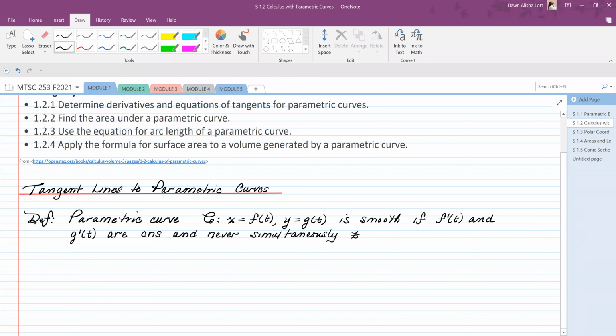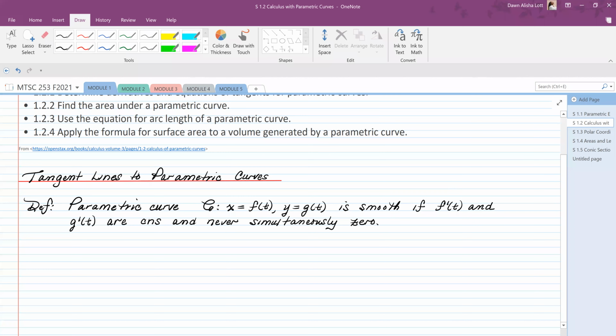So one can be zero, but the other one can't be. Okay, so that makes it smooth.